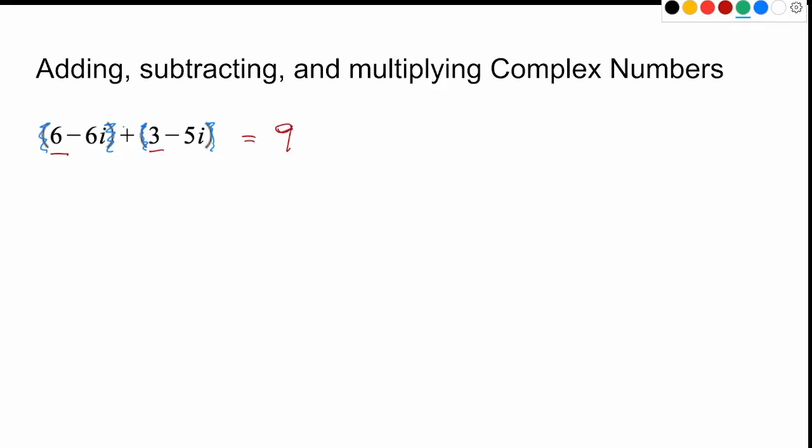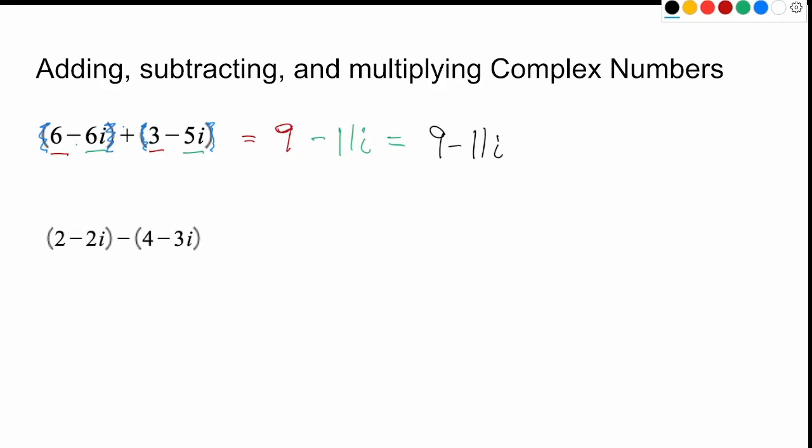The other like terms are the terms with i, so treat the i like it was a variable, although it's not a variable. Remember, it is a number that when we square it gives us -1, but we treat it that way. So we've got -6i, -5i, that's going to give us -11i, for the complex number 9 minus 11i.